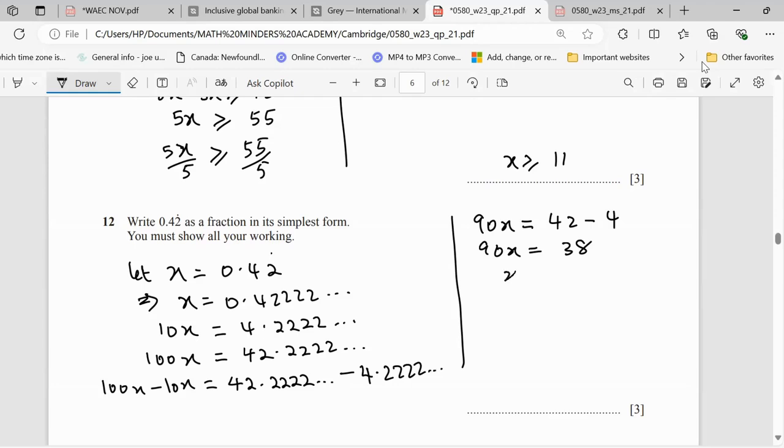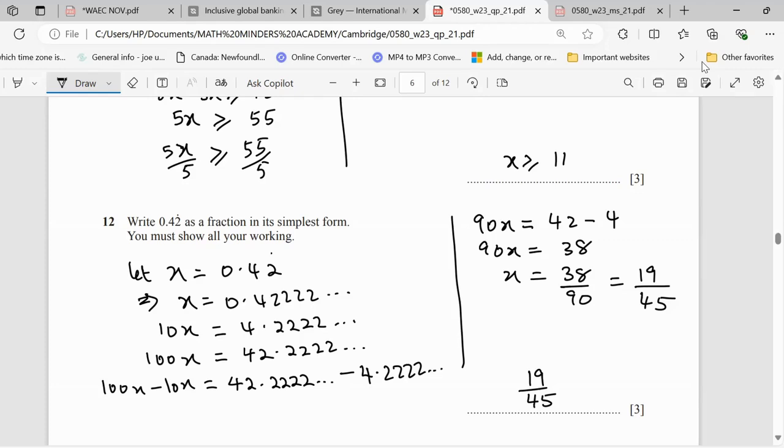So x is 38 all over 90, which we can reduce, dividing by 2, to 19 over 45. So this fraction will become 19 over 45. With that, we proceed to the next question.